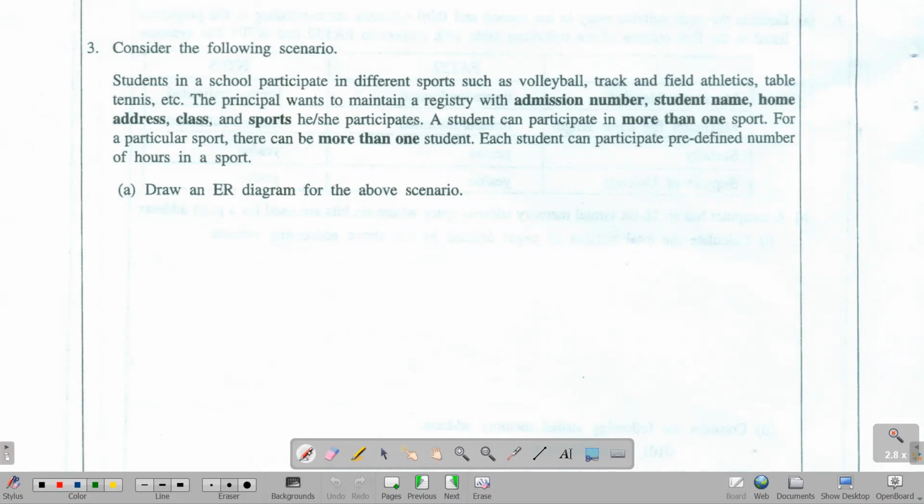Right, so here, first of all, you have to figure out that there are two particular entities, which is the student and the sports. Because if you go through the scenario, you got two entities.